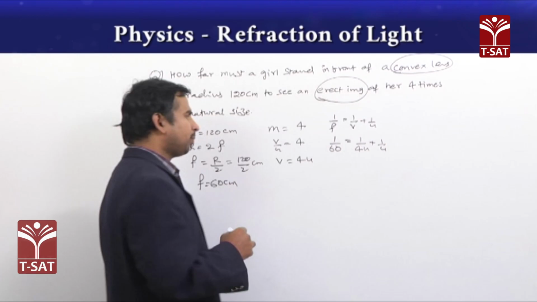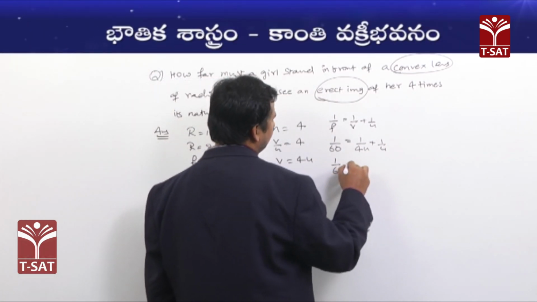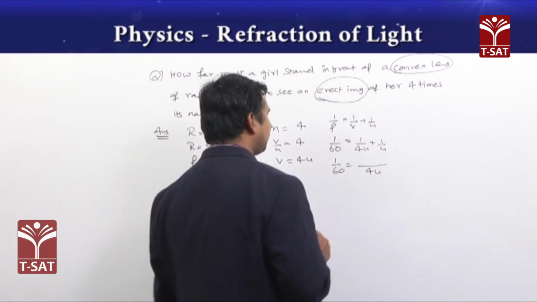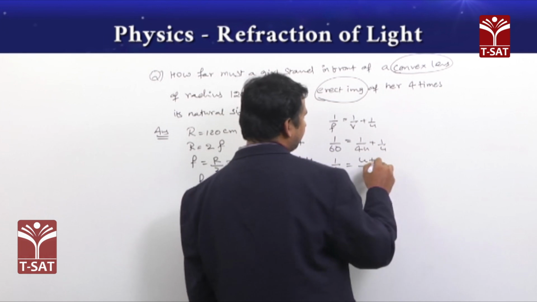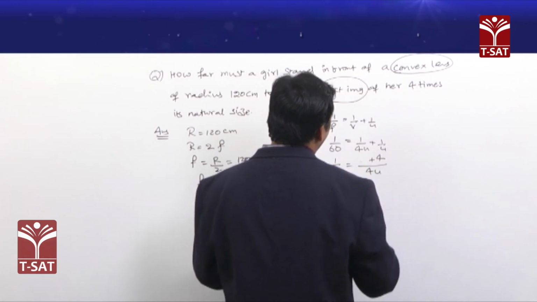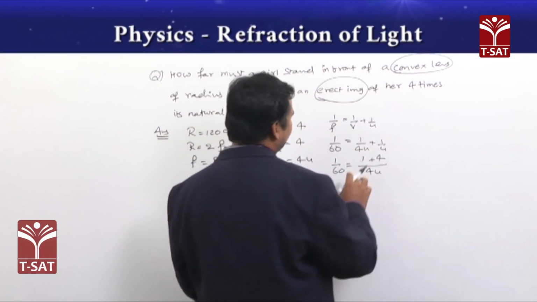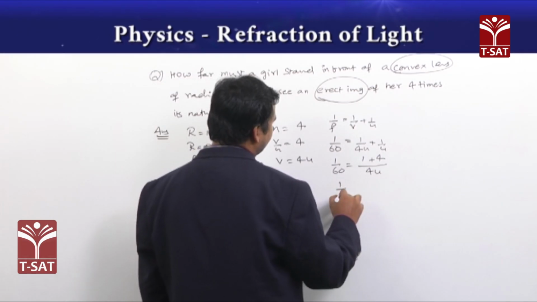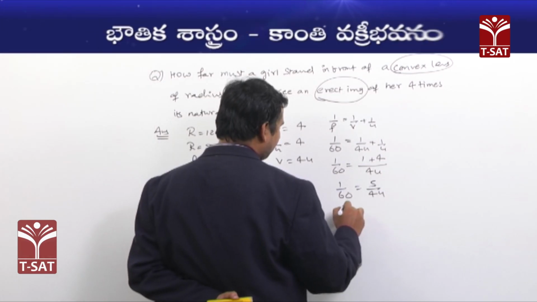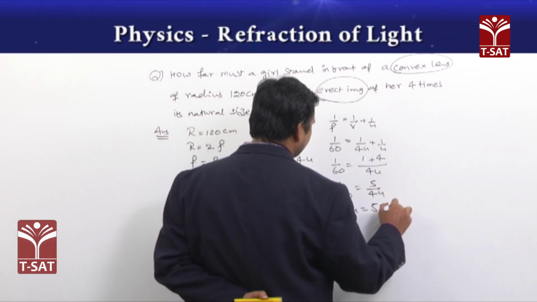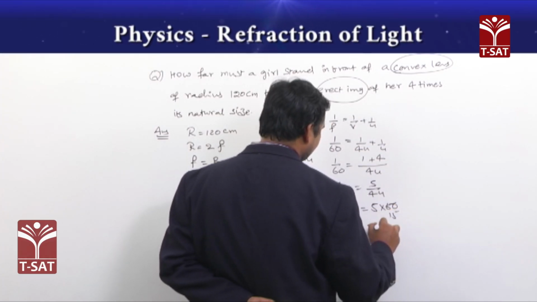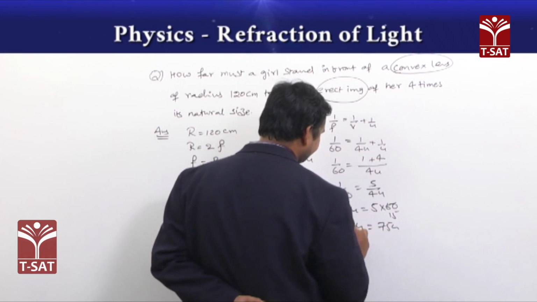Then, applying the sign convention, 1 by 60 is equal to 1 by 4u plus 1 by u. Taking the LCM, which is 4u, we get 1 by 60 is equal to 5 by 4u. Then 4u is equal to 5 into 60, so the object distance u is 75 centimeters.